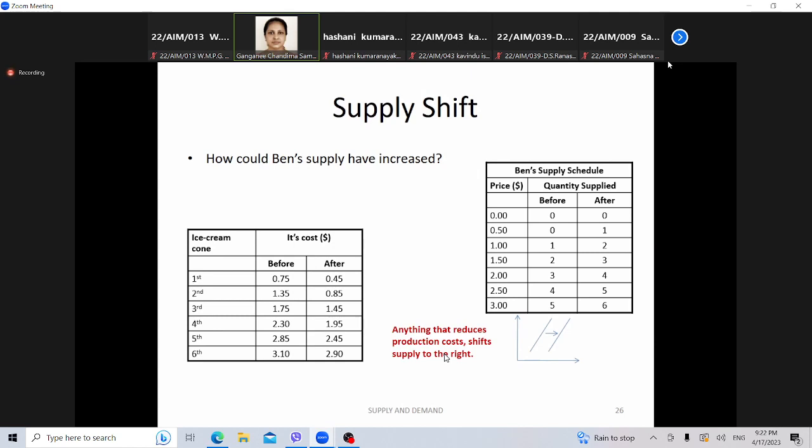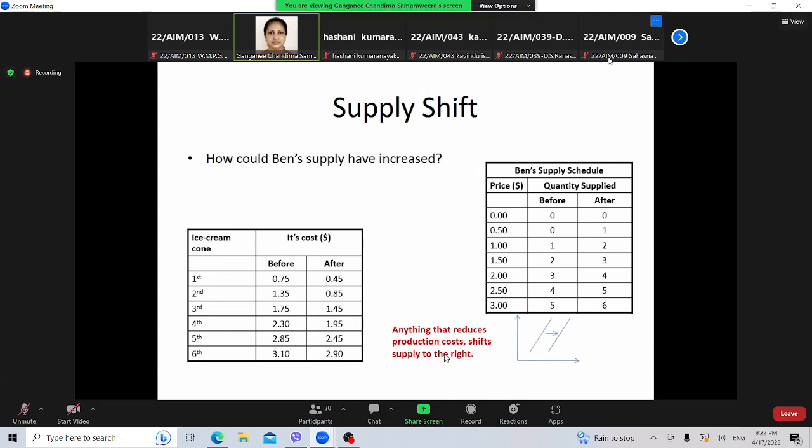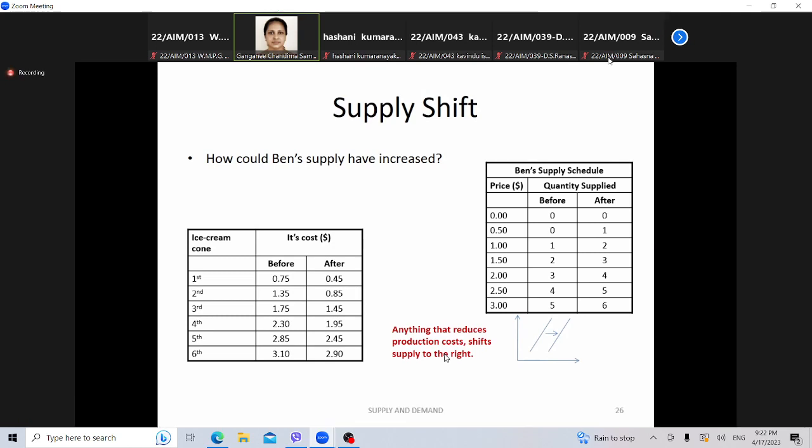Anything that reduces production cost shifts the supply curve right. Because if it reduces the production cost, producers tend to produce more and more. Okay. So that's why production increases tend to shift right.